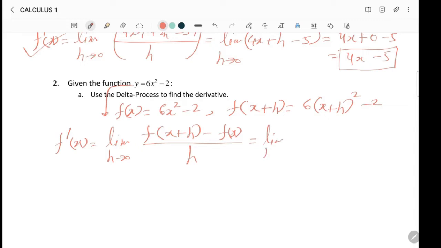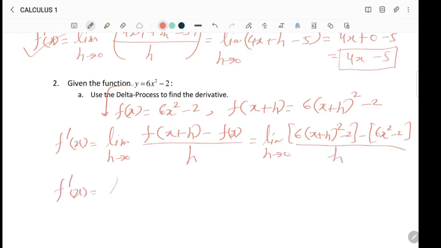Now limit h tends to 0. f of x plus h, we have to write 6 times (x plus h) whole square minus 2, minus f of x, which is 6x square minus 2, over h. Okay, that's great. Now we need to simplify that.